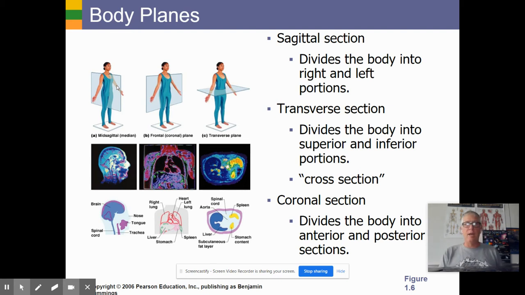The last section that we are going to talk about is the transverse plane. Many of you think of this as a cross section, but in anatomy we call this a transverse section, of course, because we are using anatomical terms.